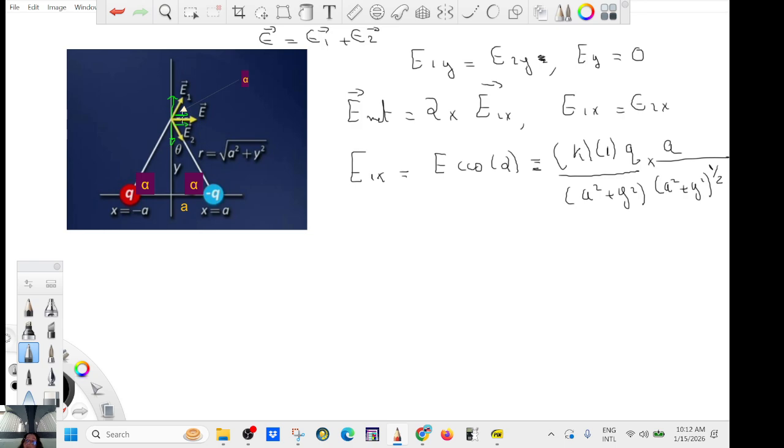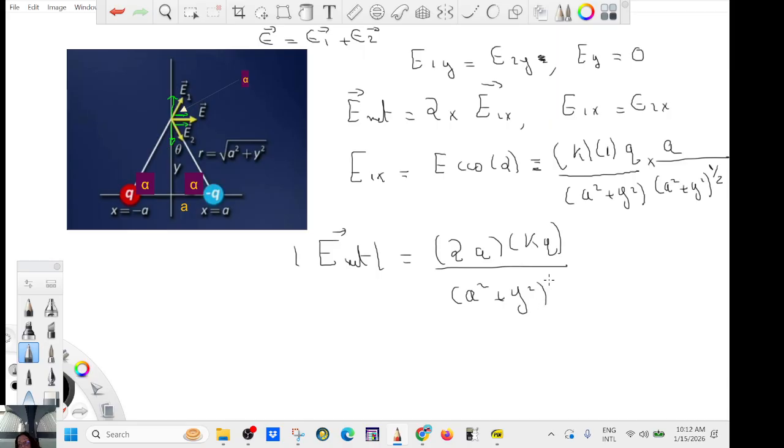So the x component of one of them. And you add the x components. So the net field, in magnitude, will be twice that. So it's going to be 2 times a, and then you have k and q, over a squared plus y squared, to the power 3/2. Is that right?